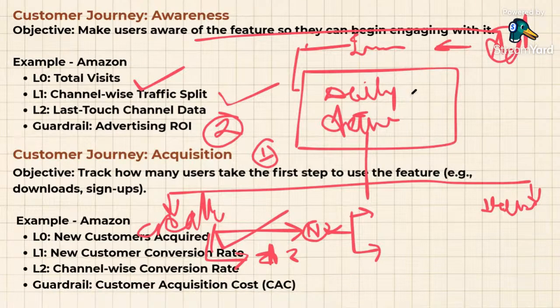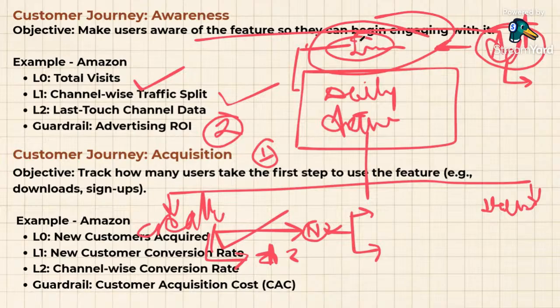So in this metric tree, we try to understand, for example, the business goal is to make revenue. How will we be able to make revenue? It will depend upon the time that users spend on our application, and the number of users who are spending time on our platform.